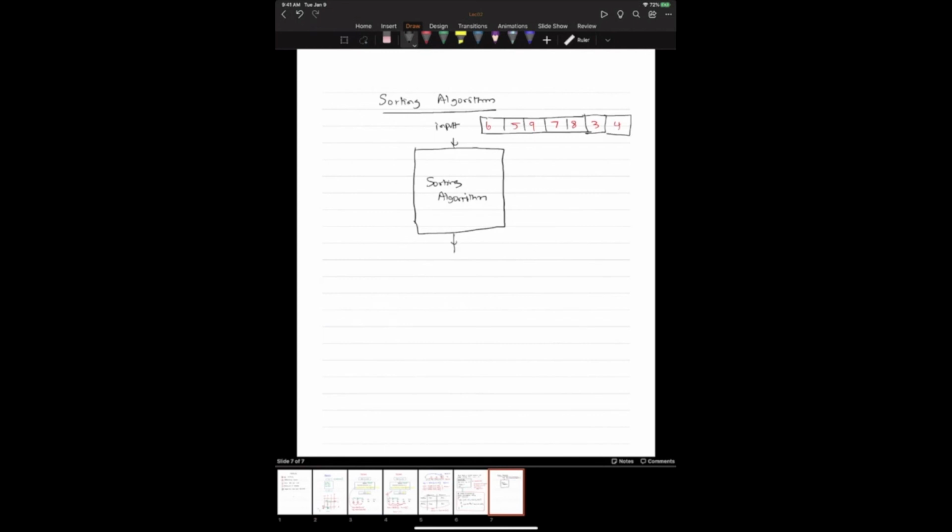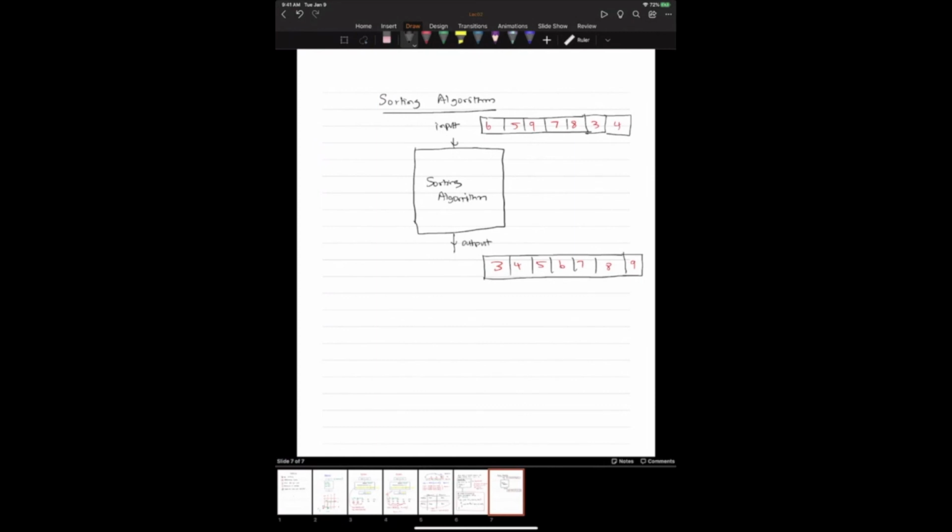The output of this algorithm is going to be 3, 4, 5, 6, 7, 8, 9. So what happened? Obviously, there are two ways to sort: one is ascending, the other is descending.